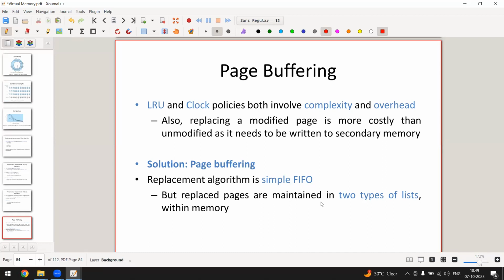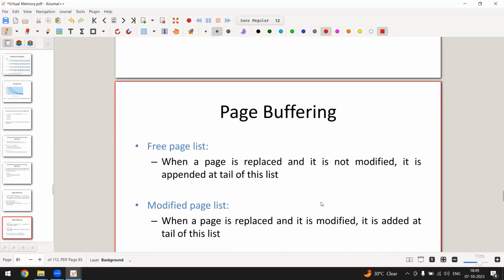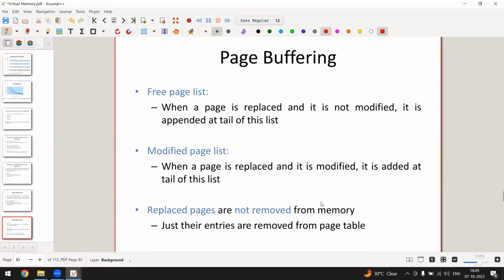But when a particular page is replaced, it is maintained in one of two types of lists, and those lists are called the free page list and the modified page list.